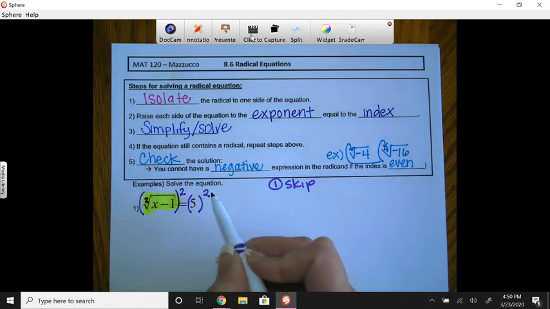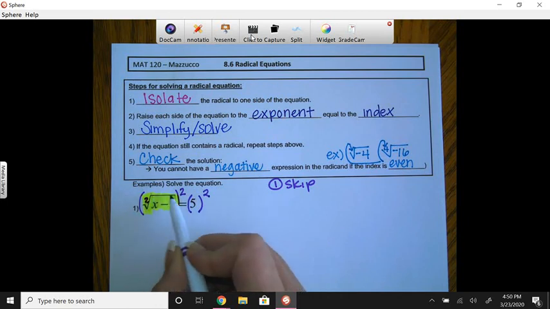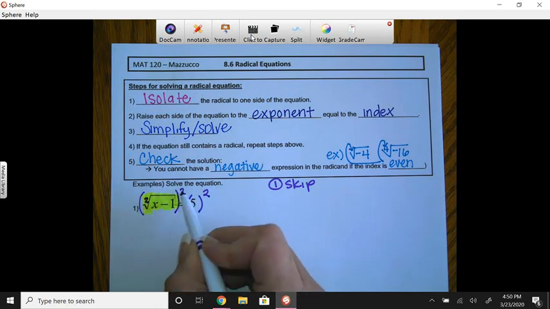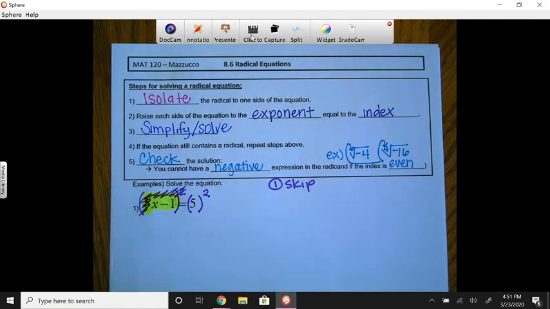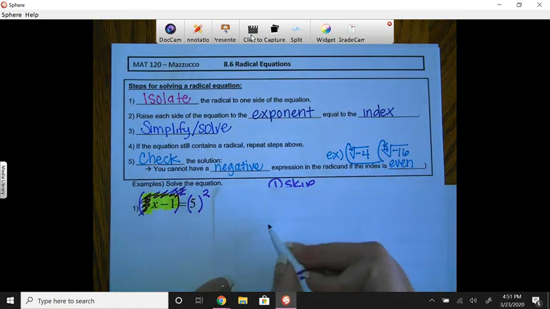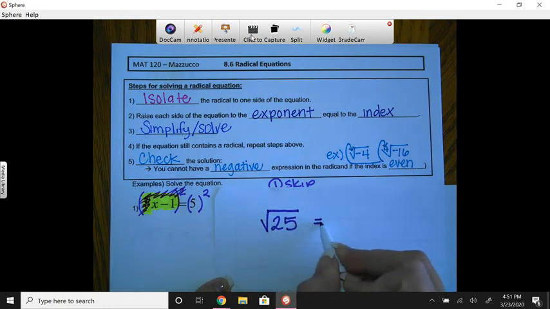When we do that, this radical right here is essentially not going to be needed anymore. The reason for that is if we had the square root of 25, this is saying what times itself is 25, the answer would be 5.